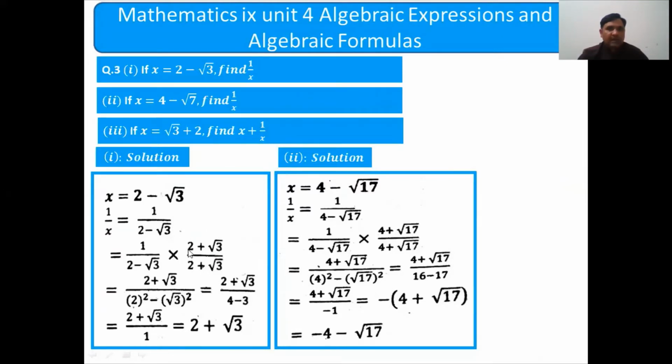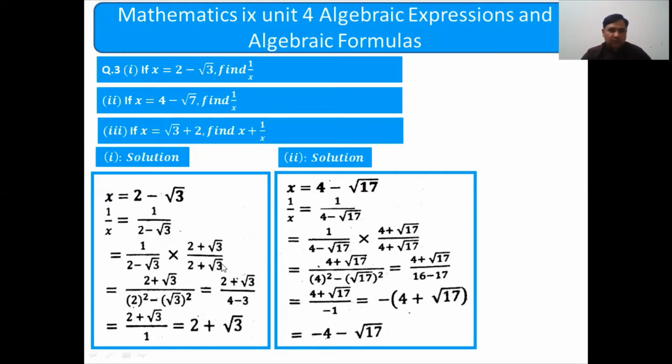So we multiply and divide by 2 plus square root of 3. After multiplying and dividing by the conjugate, we have this expression: multiplying with this one, 2 plus square root of 3, and here 2 minus square root of 3 and 2 plus square root of 3.